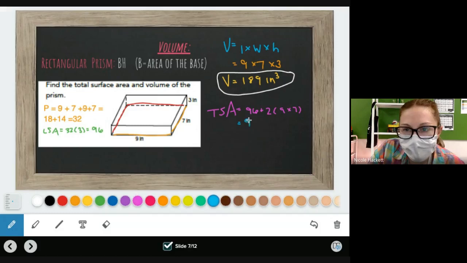So we have 96 plus 2 times 63, which is 96 plus 126.